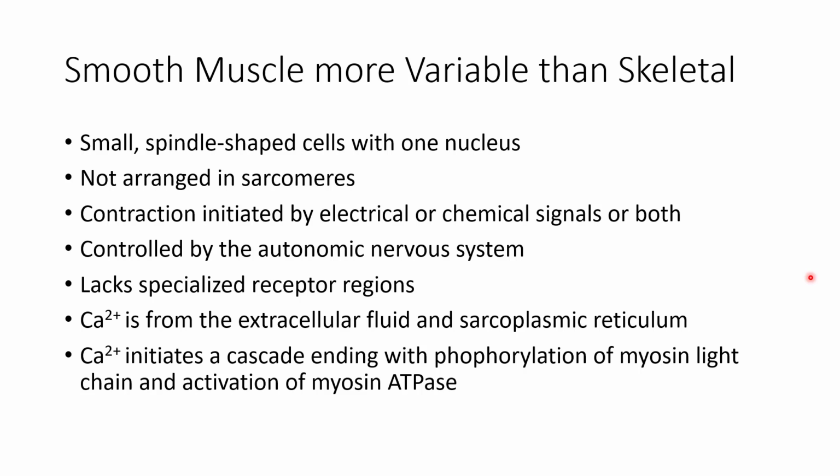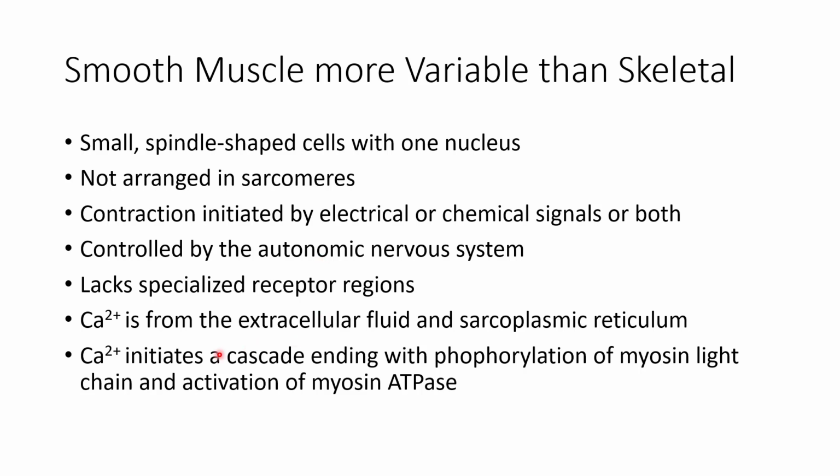They get initiated by either electrical and/or chemical signals, or sometimes both, where skeletal muscle is being initiated by an electrical stimulus, not a chemical ligand binding. It gets controlled by our autonomic nervous system versus the somatic motor nervous system for skeletal muscle.